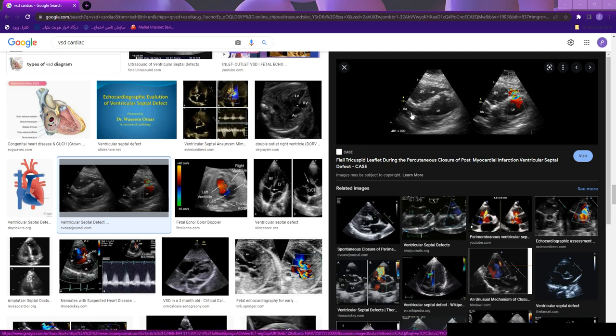Checking the aortic valve is important in VSD, especially perimembranous VSD, because it can destroy the aortic valve, and the patient can have high, severe AI and a complex heart condition.